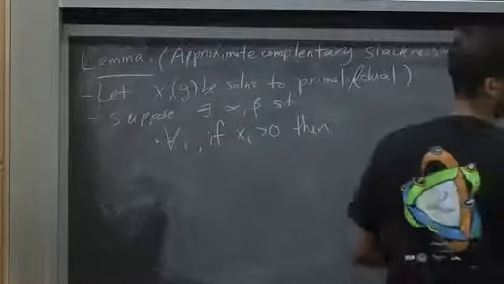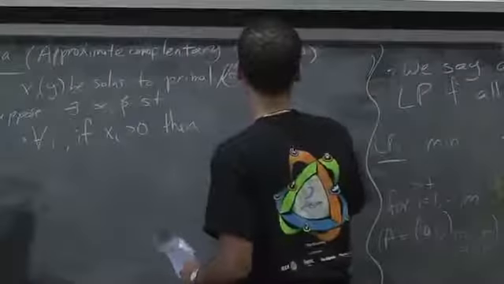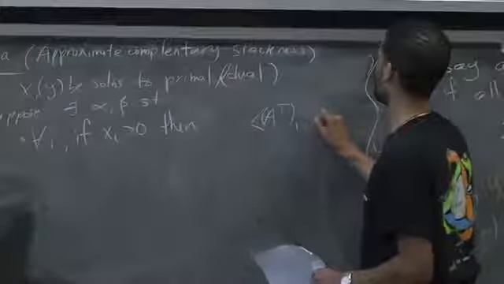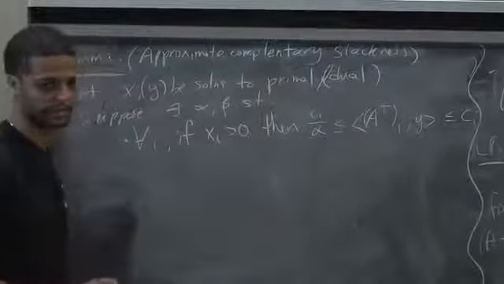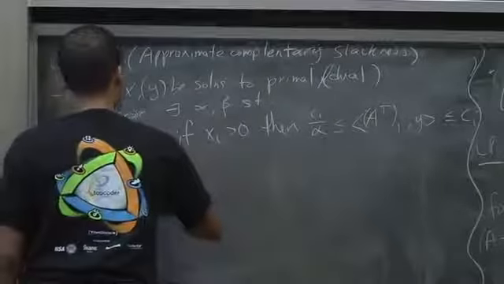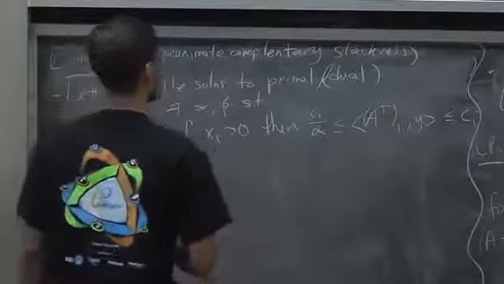We know that A transpose, the ith row dot y, is certainly at most ci. But suppose it's also at least ci over alpha. So be feasible.